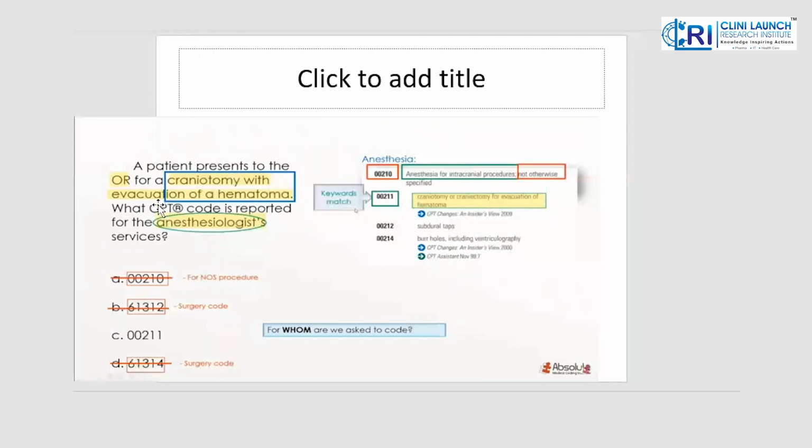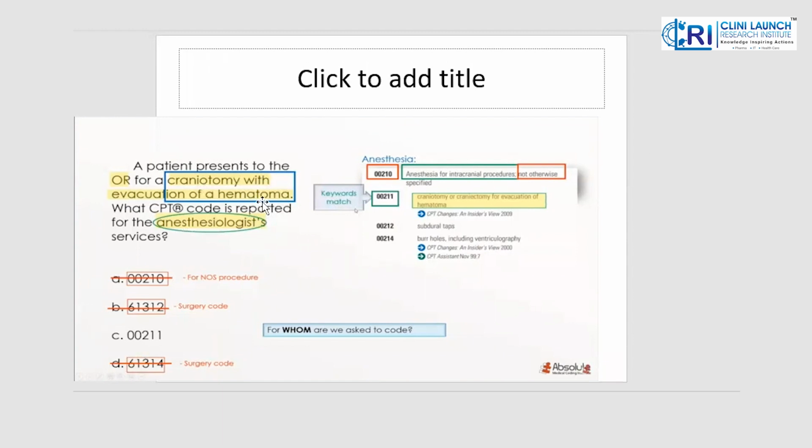What is a craniotomy? Otomy means creating an opening, correct? Craniotomy means creating an opening in the skull, just opening the skull. It is not an intracranial procedure; it is not a procedure done inside the brain.